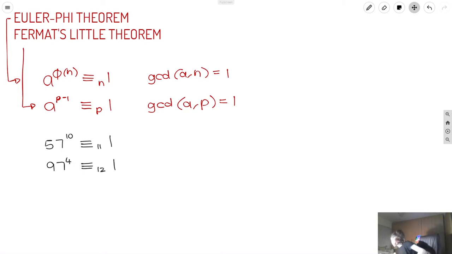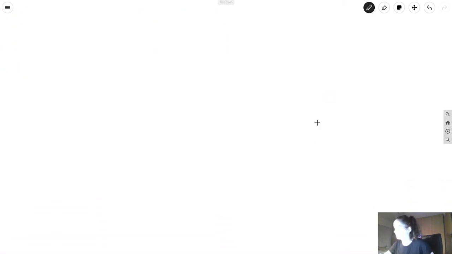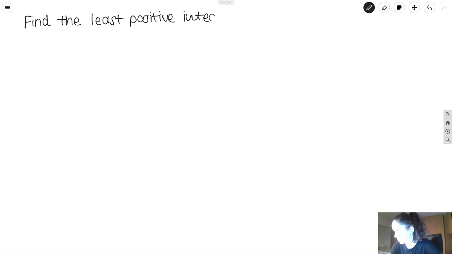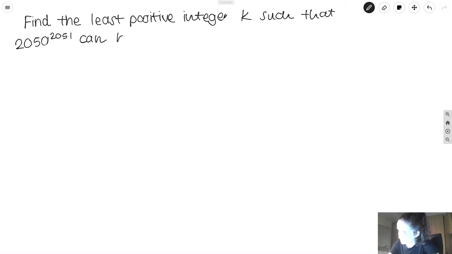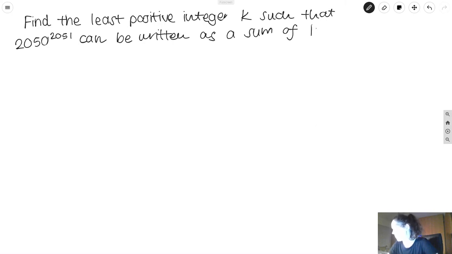This problem says: find the least positive integer k such that 2050 to the power of 2051 can be written as a sum of k fifth powers.